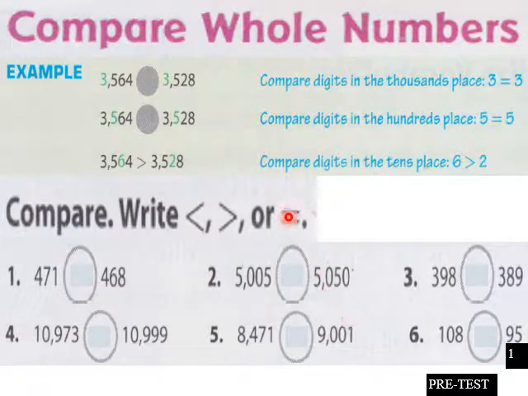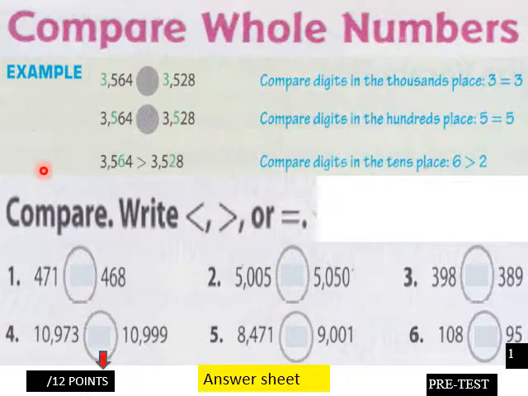Pretest, page 1, comparing whole numbers. How are these two numbers related to each other? We have examples here. Compare digits in the thousands, compare digits in the hundreds, compare digits in the tens. That is how you would systematically determine which number is larger.